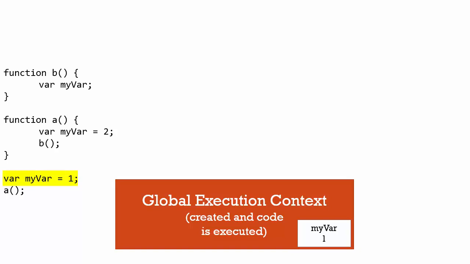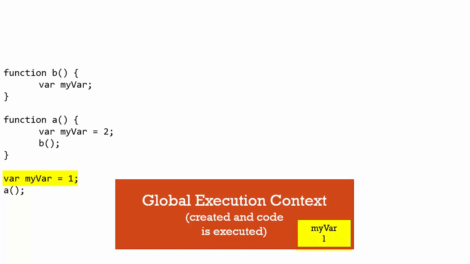In the case of the global execution context, its variable environment is the global object, or a window in a browser. So then the code is executed, and that memory space will get a value of 1 when it hits that myVar equals 1 line.